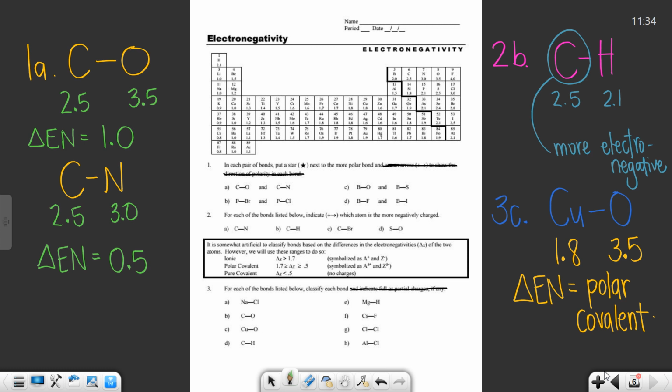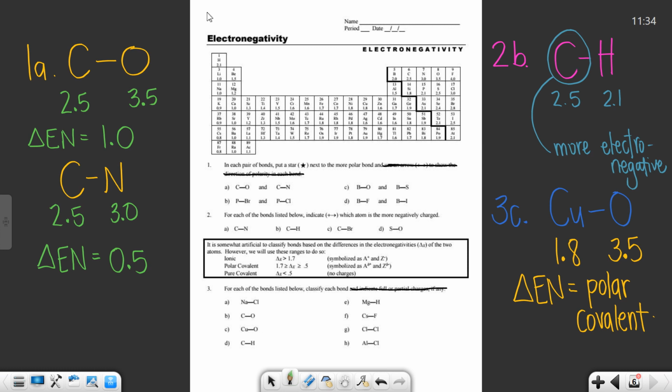All right, so for number 1, you have 2 pairs of bonds. What you're going to do is find the difference in electronegativity and then let me know which one is more polar. So let's look at 1A because I did this one for you.